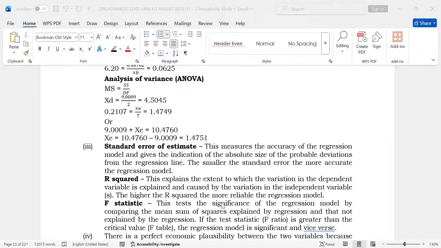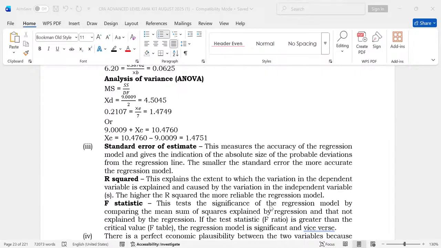This tests the significance of the regression model by comparing the mean sum of squares.